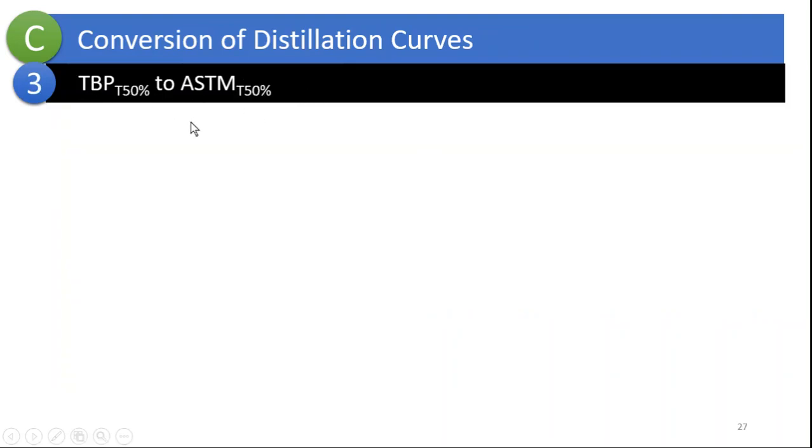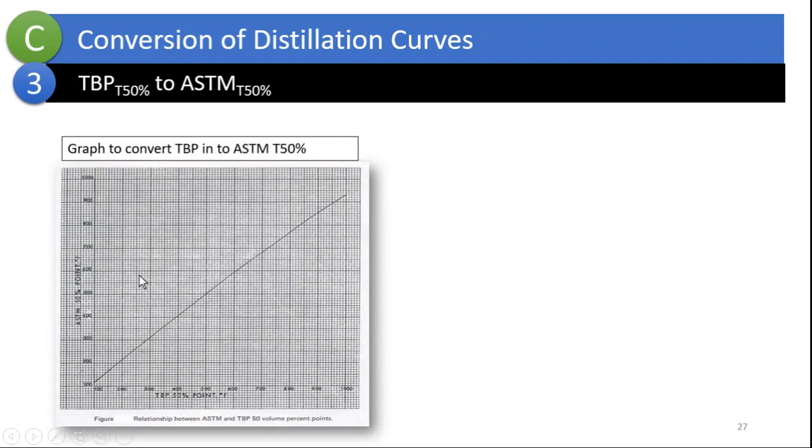The third step is TBP T50 to ASTM T50. You can use a graph. For example, this graph can be used to convert the TBP T50 to ASTM T50. The x-axis is the TBP T50 value, and the y-axis is the ASTM T50 value, in temperature Fahrenheit. The x-axis is also in Fahrenheit.